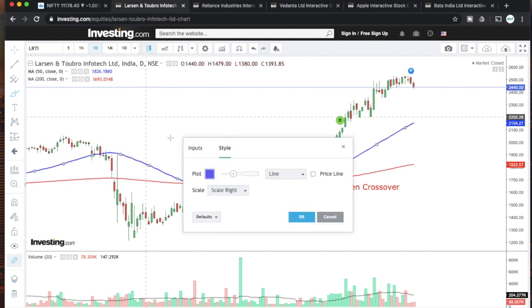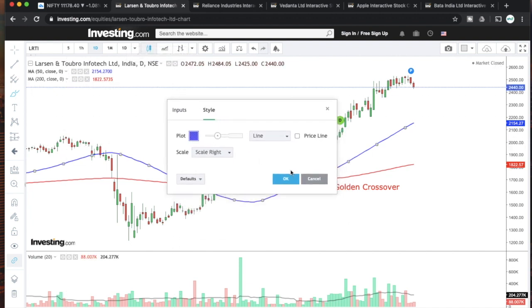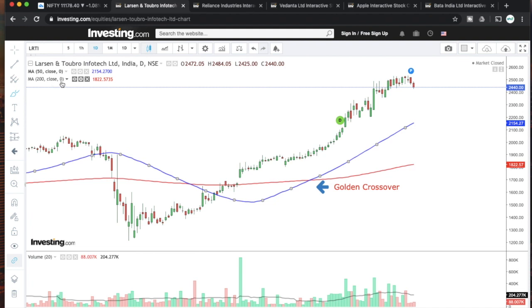The 50-day moving average is plotted in blue and the 200 moving average is plotted in red, and this will stay consistent in all the charts that I'll be discussing. A golden crossover means the 50, or the short term moving average, goes above the long term, or the 200-day moving average. So, this point right here is called the golden crossover.